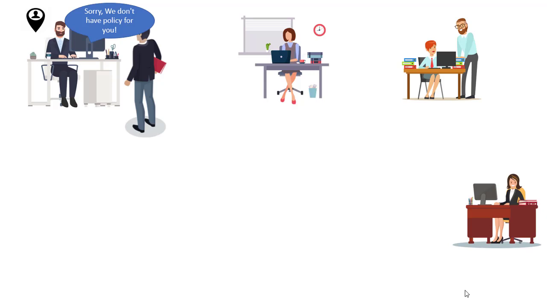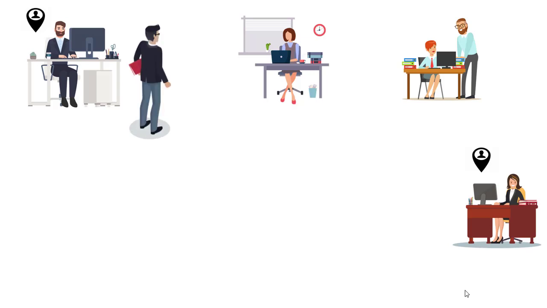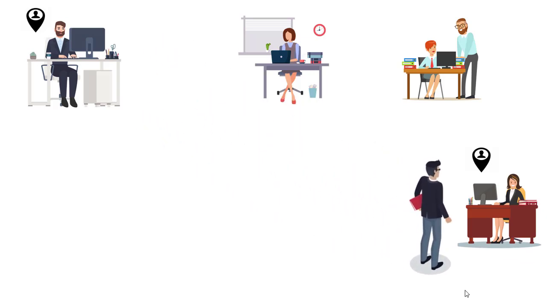Now there can be a third possibility. When you don't have the policy for him, but you know one of your colleagues sitting at the bottom right side of the screen might have a policy for him. So instead of straightaway refusing him, you will direct him towards her, hoping that she will have a policy for him. You are not sure that she will provide him with a policy, but you are just hoping for that. And it depends on her and the client's details if she can provide him with some policy or not.